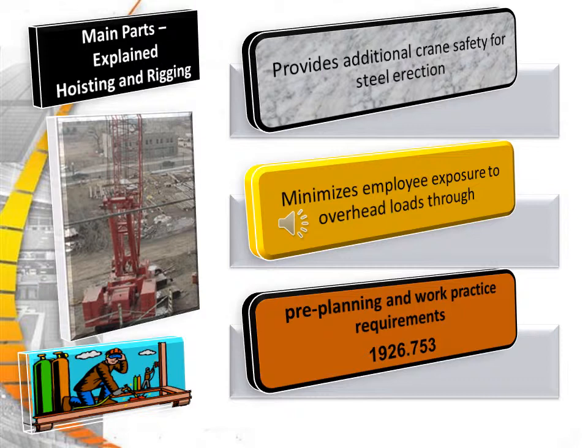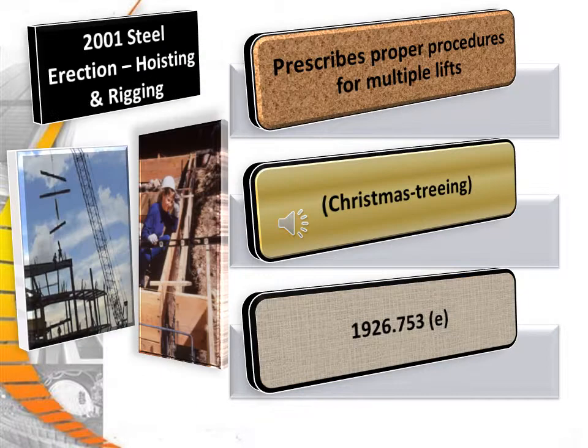It helps to minimize employee exposure to overhead loads through pre-planning and work practice requirements, as covered under .753. The OSHA Steel Erection Standard for hoisting and rigging prescribes proper procedures for multiple lifts, such as Christmas treeing, as covered under 753(e).